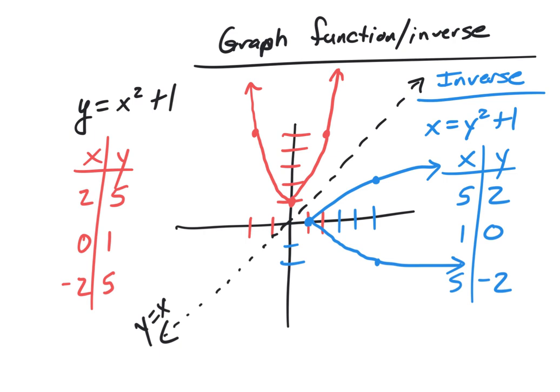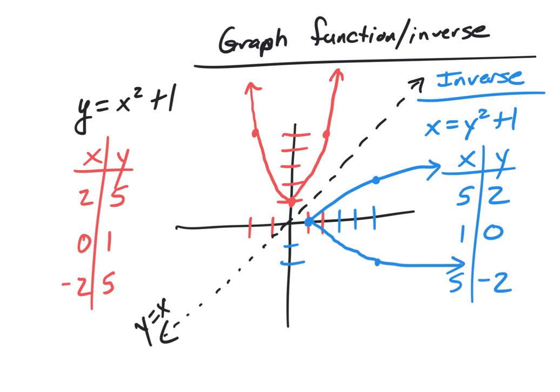That kind of goes back to geometry, I know. We're taking a graph and reflecting it over a line, and we're doing that right now in geometry, to be honest with you. This y equals x line is my reflection line whenever I do an inverse. And the reason why is because on this line, my ordered pairs would be (1, 1), (2, 2), (3, 3), (4, 4). All the y's and x's are the same.